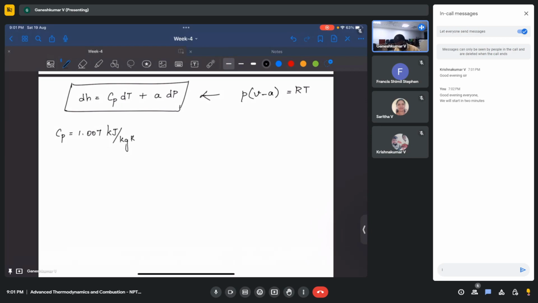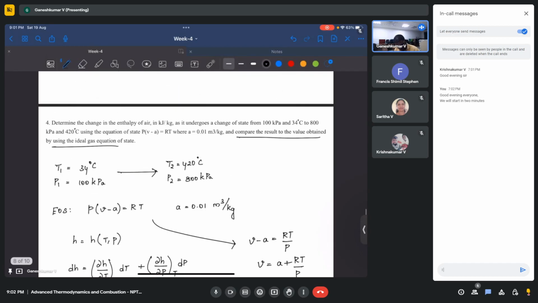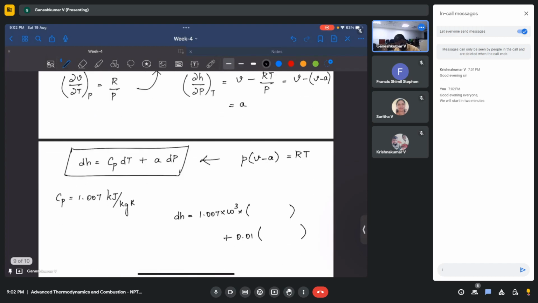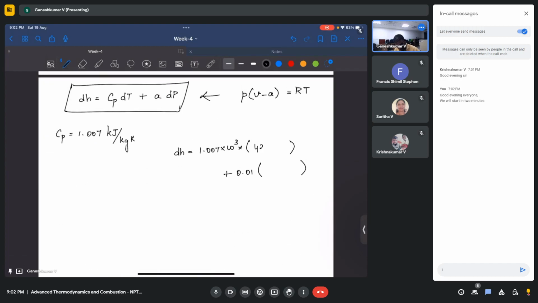Now you can find the change in enthalpy, which is nothing but 1.007 times 10 to the power 3 times the temperature difference, plus 0.0001, I guess, times the pressure difference. So the pressure difference is 420 minus 34, 800 minus 100, 420.